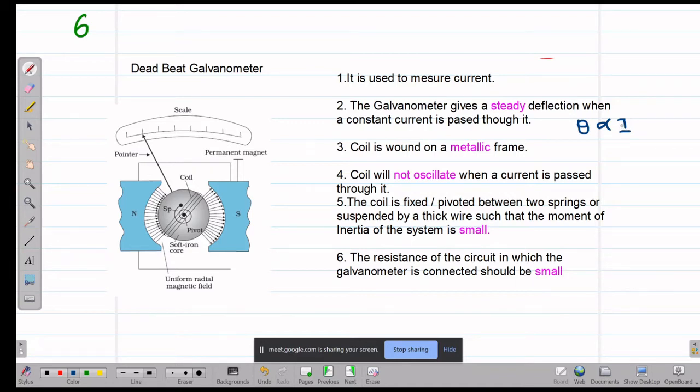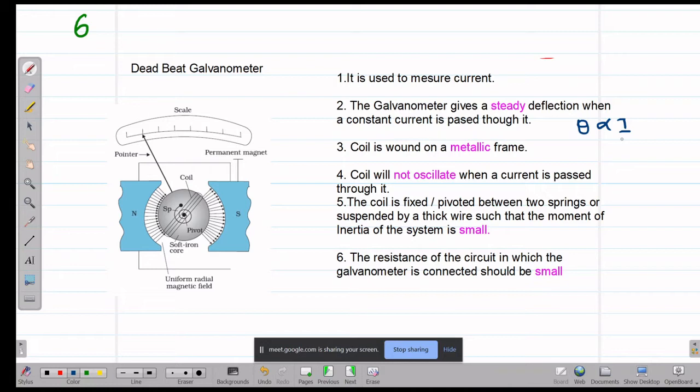Now, in terms of construction, the rectangular coil will be wound on a metallic frame in the case of a deadbeat galvanometer. Why should it be wound on a metallic frame? I will discuss this after I discuss the ballistic galvanometer. For the time being, it is enough to understand that when you wind a coil on a metallic frame, as soon as the current is passed through the coil and the coil deflects, a large amount of damping will come into effect because of Faraday's law of electromagnetic induction.